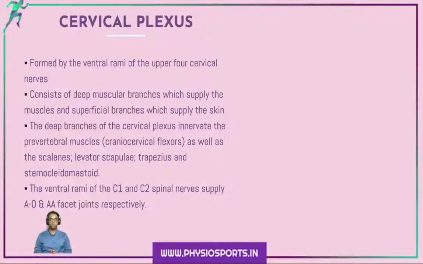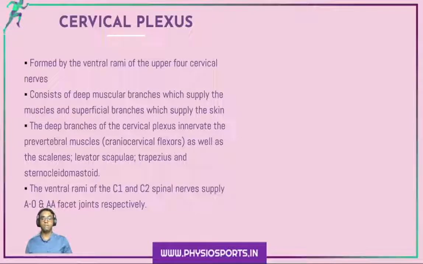The ventral ramus of the C1 and C2 spinal nerves provides the sensory supply to the atlanto-occipital joint, the atlanto-axial joint, and the facet joints, respectively. The superficial cutaneous branch of the cervical plexus forms the following nerves.